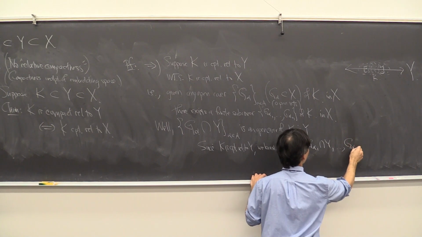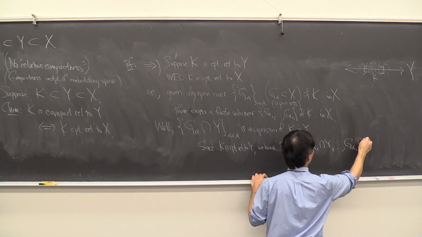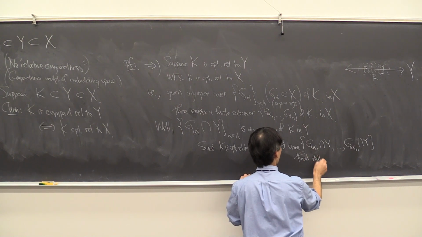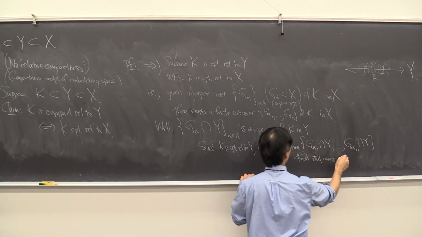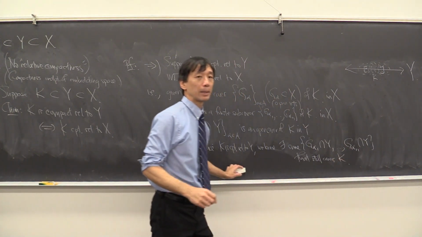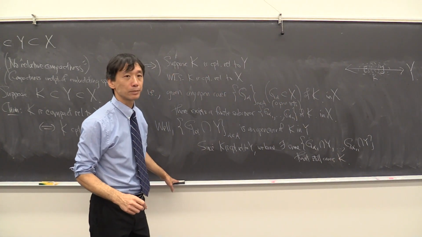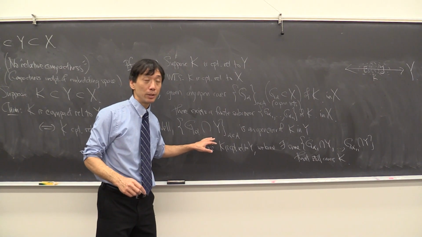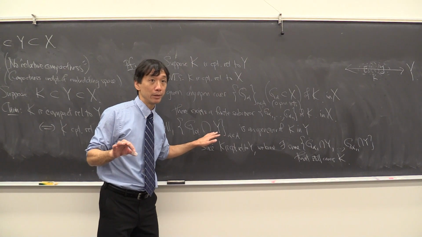We know that there exists some finite subcover that still covers K, by compactness. Is everybody all right with that?